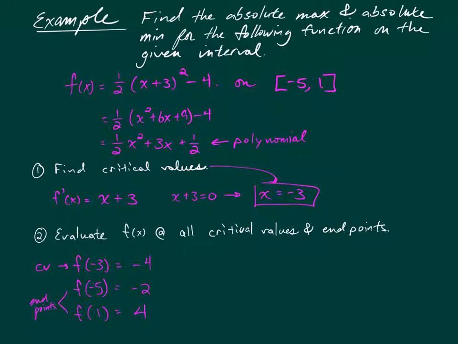The very last step is to interpret your answers. It really is as easy as saying -4 is the smallest number we got. So this is the absolute minimum. +4 is the biggest number you got.